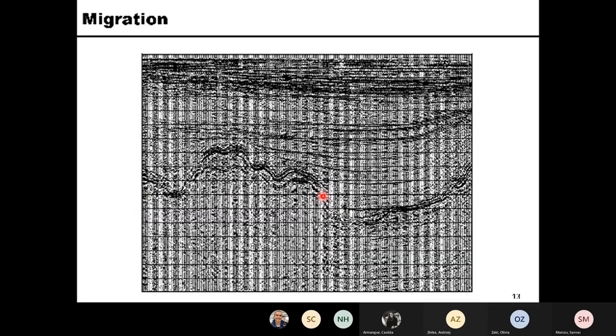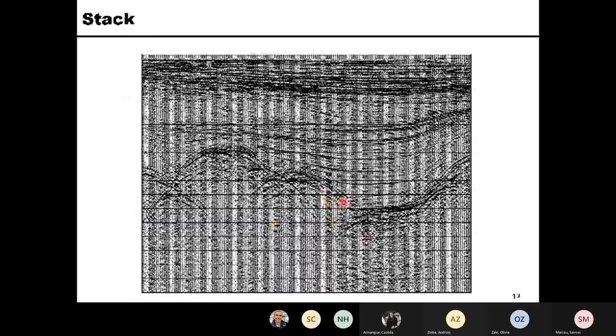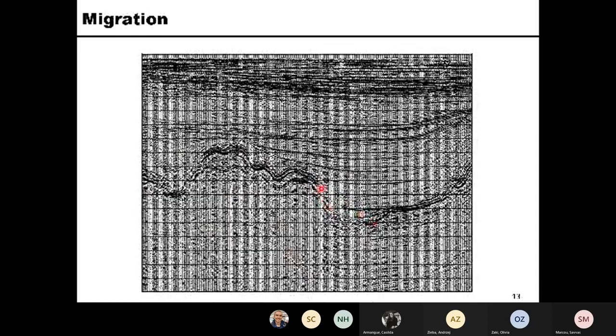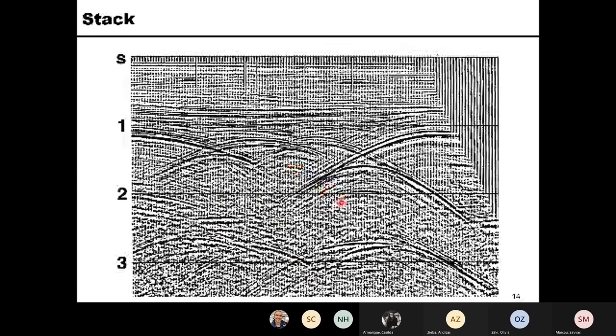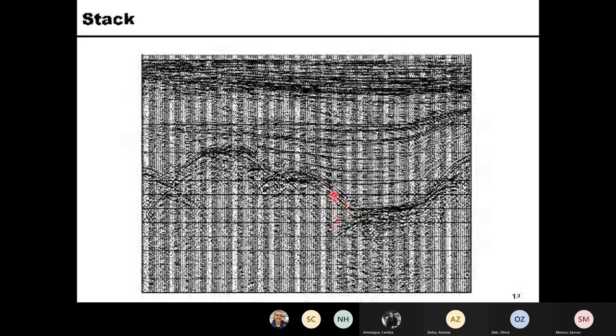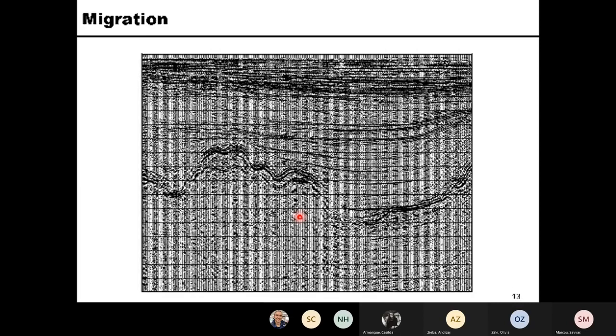So let's see. Point here. You can see the diffraction here, right? But on the left-hand side, you maybe do not see much because it may be hidden somewhere, by cancellation of other diffractions.